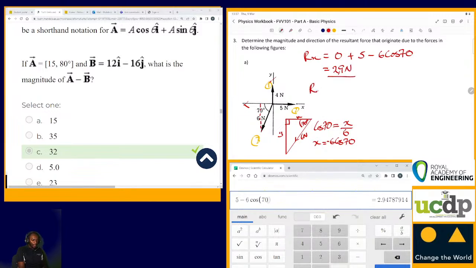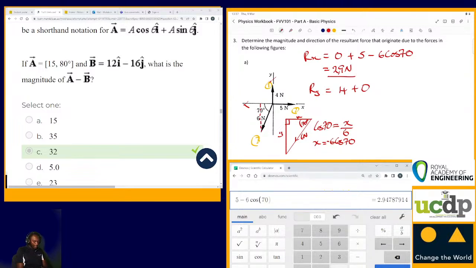Then our resultant in the y: the first vector is entirely in the y, so it's 4 plus 0, because vector 2 does not contribute. The 5 newton doesn't contribute in the y-axis.